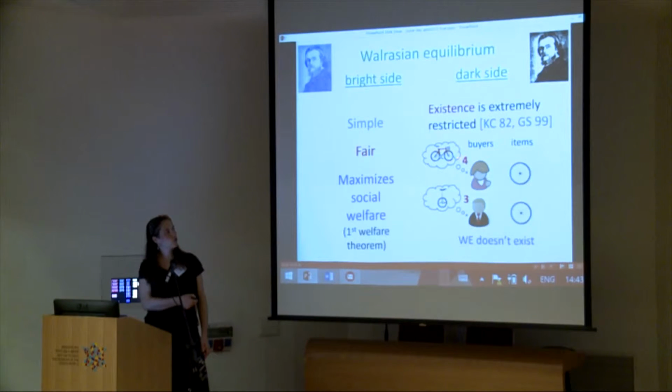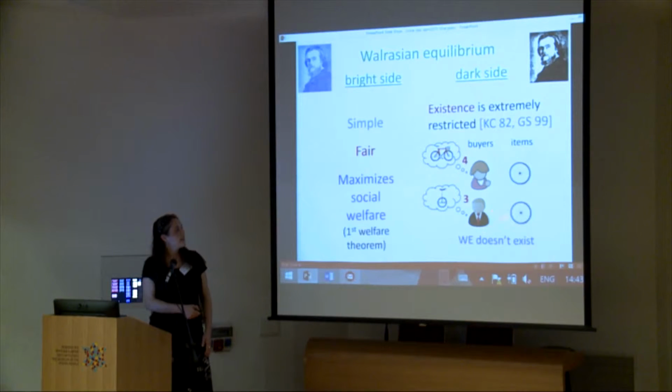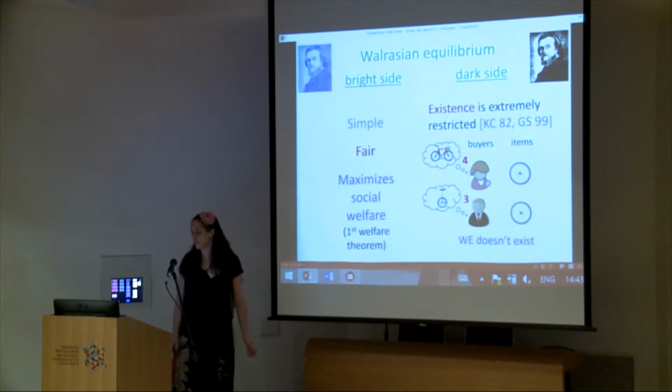So Alice wants 2 wheels, and she values the bike at 4. So her value for both wheels is 4, whereas her value for any single wheel is just 0. In contrast, Bob only needs 1 wheel, so he values every single wheel at 3, but also the pair at 3, because he only needs 1 wheel.